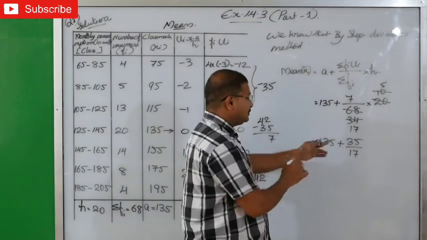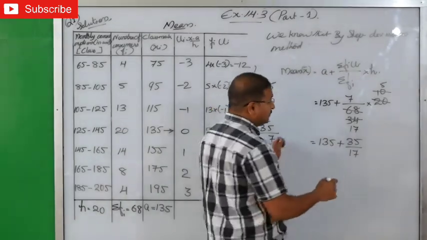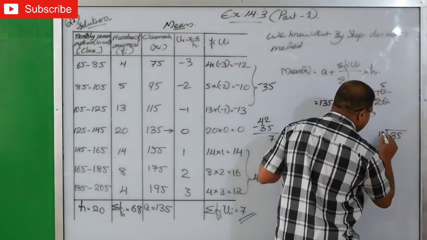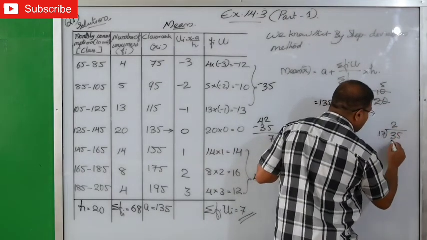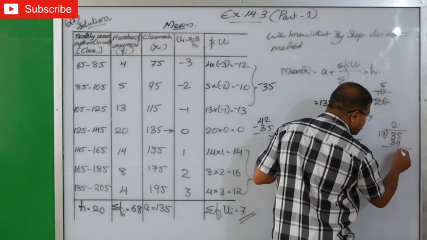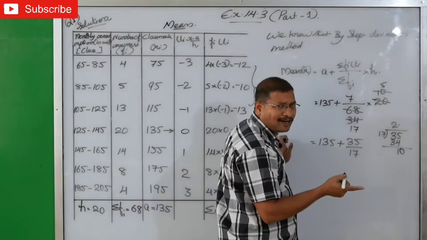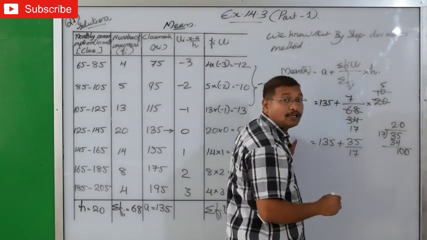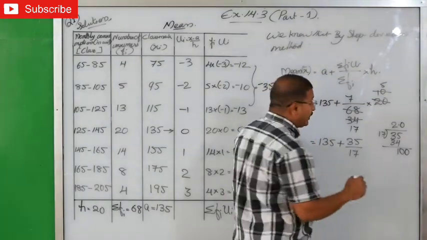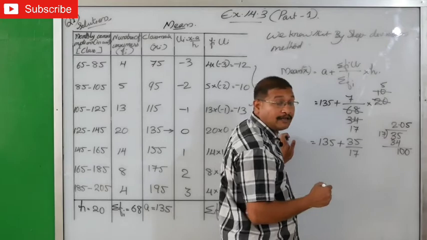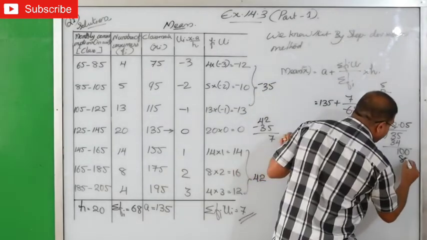Let's divide 35 by 17. 17 twos are 34. 1 balance, putting a point and 0. Can't do, so put 1 0 here and 1 more 0 here. Now how many times? 5 times, isn't it? How much? 85. Ready? 17 fives are 85.